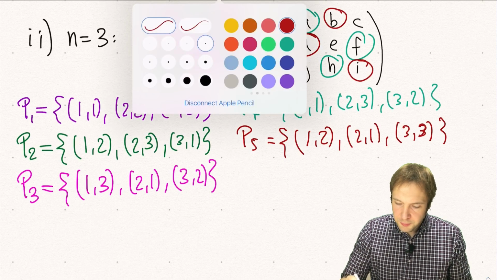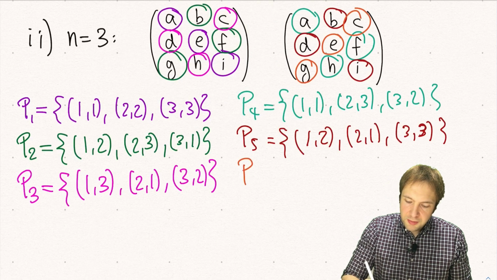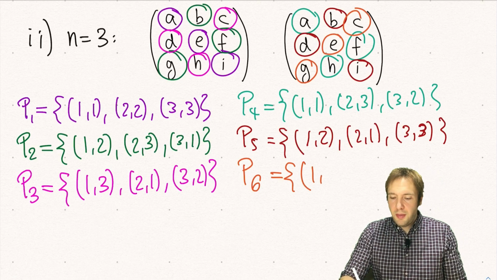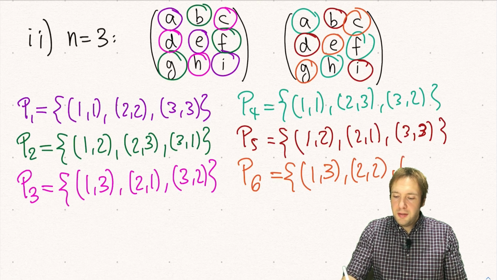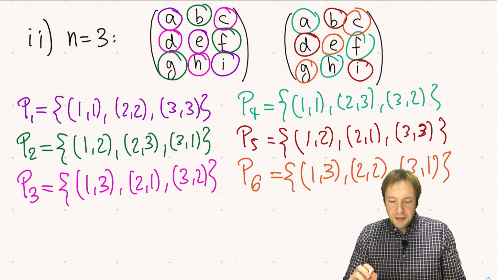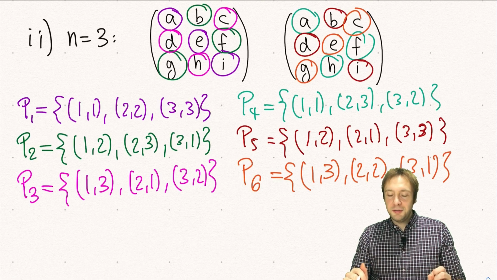And the last possible choice is this one here, P6: first row, third column, second row, second column, third row, first column.